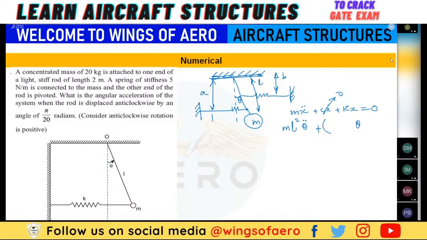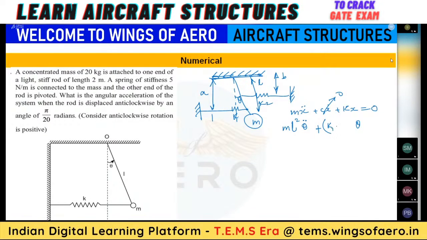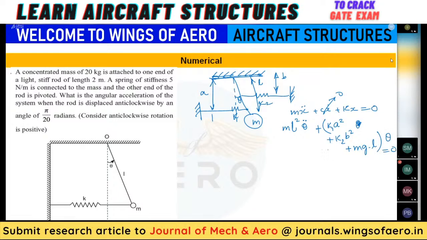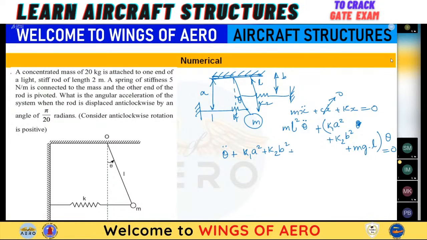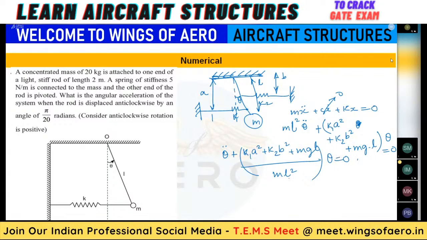If this is K1 and this is K2, then K1 into A square plus K2 into B square plus m g L into theta equal to 0. Now theta double dot plus (K1 A square plus K2 B square plus m g L) by m L square into theta, and this will be your value of omega n square.